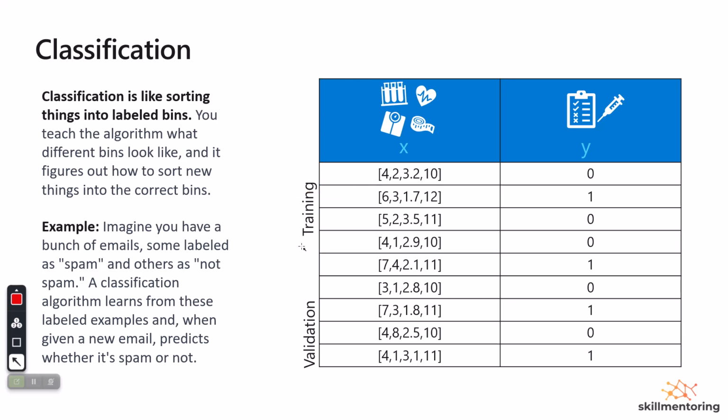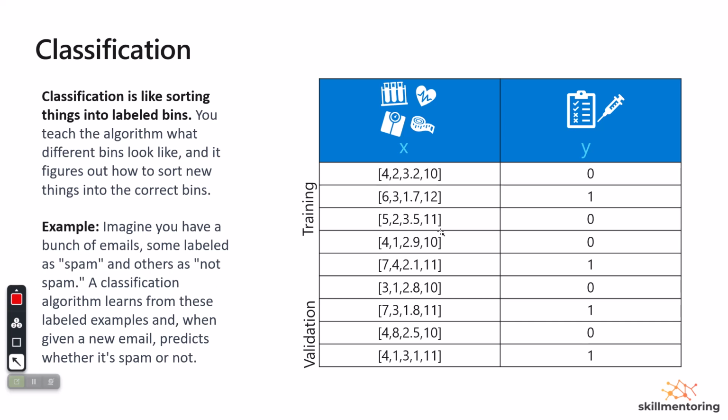These are nothing but some kind of medical findings, and the classification is either 0 or 1. 1 means they are at risk of diabetes. 0 means they are not at risk of diabetes. So classification is like sorting things into labeled bins. You teach the algorithm what different bins look like, and it figures out how to sort the new thing into the correct bins.